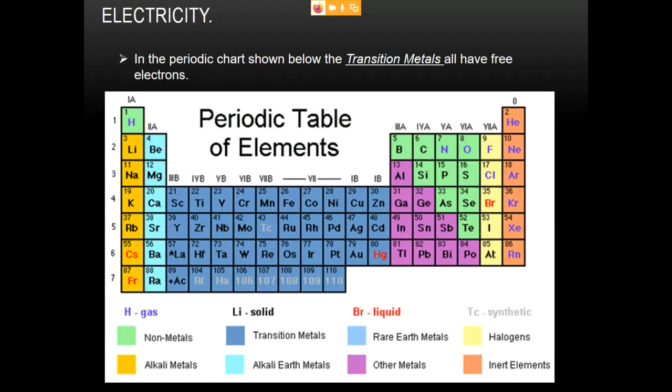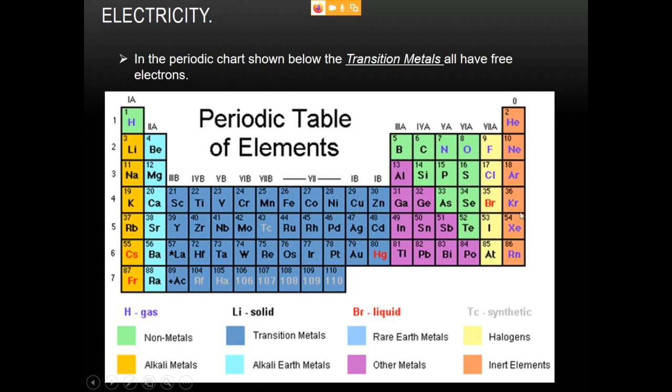And so if we look at the periodic table of elements, every one of these elements is an atom, okay, or a group of atoms, right? Over here on the far left, we see hydrogen, and then lithium, and several of these, all in the yellow, lithium and sodium and so on, are considered alkali metals, which means that they're very, very, very reactive, right?